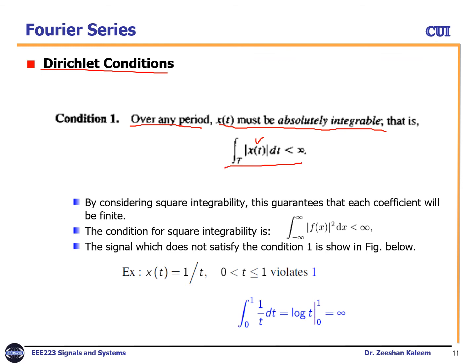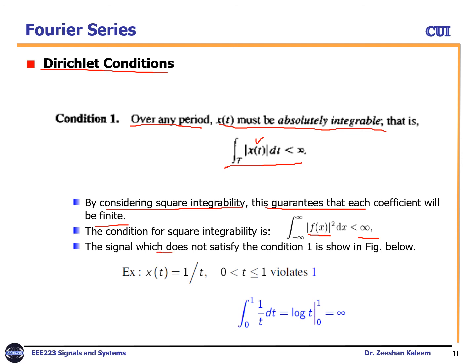If it comes out less than infinity, it satisfies the condition. By considering square integrability, this guarantees that each coefficient will be finite. The condition of square integrability is that the integral of f of x whole squared is less than infinity.